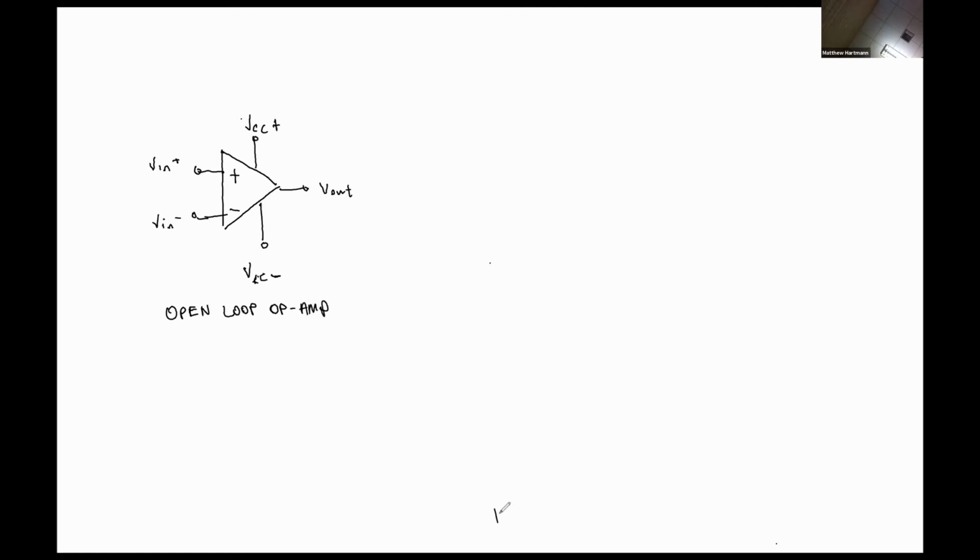It is an open loop circuit because there is no conductive path formed between the output and either of the inputs, okay?